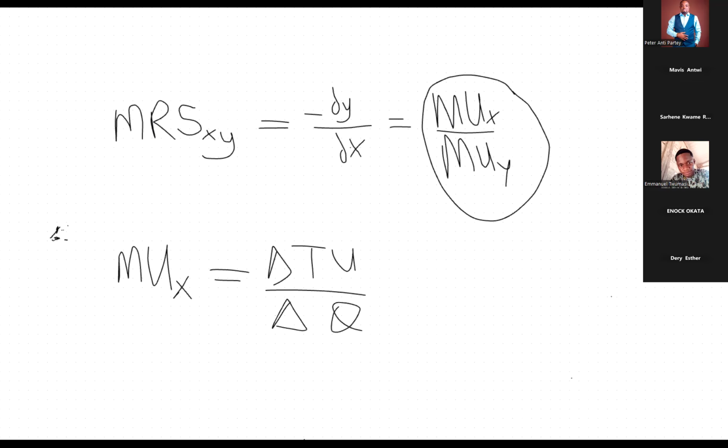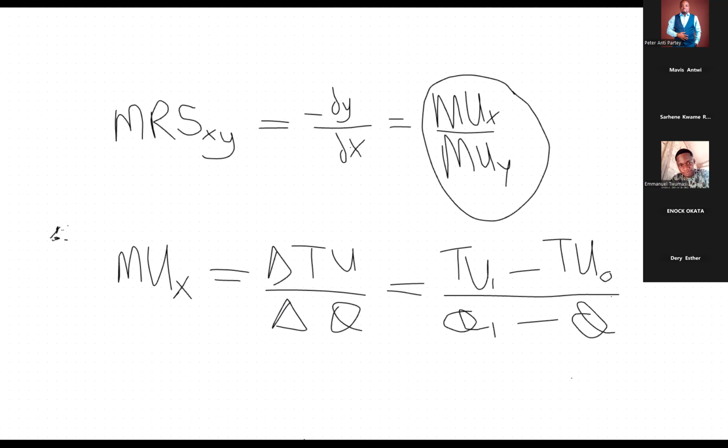So when you see mu of x, what you are saying is that mu of x is giving us new total utility, TU1, minus old total utility, TU0, over new quantity, Q1, minus old quantity, Q0.